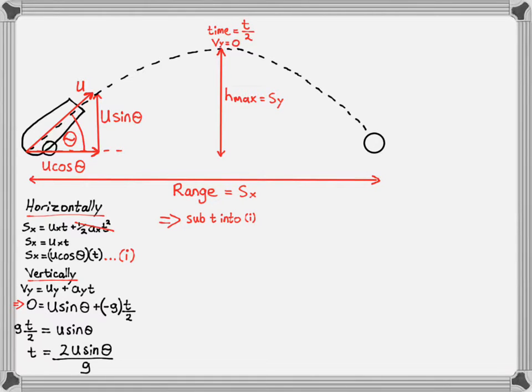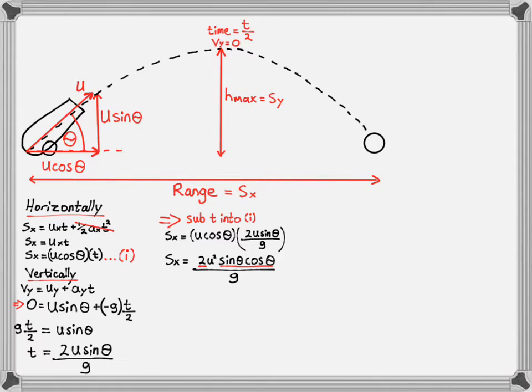So if I sub the time into equation 1, I get that the horizontal displacement is equal to u cos of theta times, what was our expression for time? It was 2 times u sine of theta over g. So I sub in 2 times u sine of theta over g here. And I get that the horizontal displacement is equal to 2u squared sine of theta cos of theta all over g.